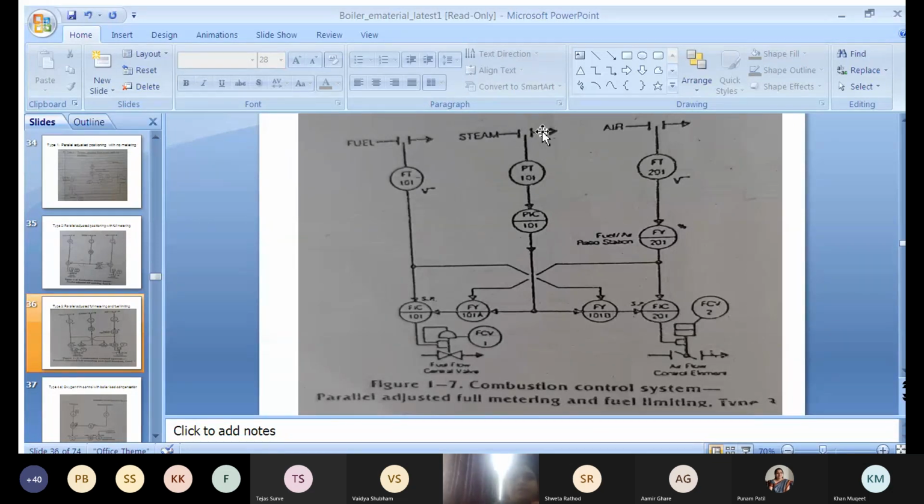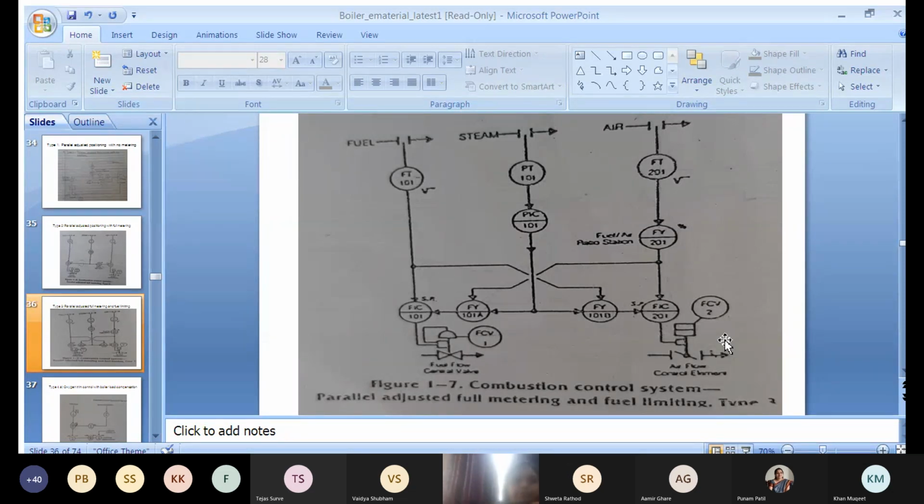Along with that, the steam demand, that is the steam pressure, is measured, and the steam pressure controller will generate the signal. This signal will act as a set value for both the controllers, and both controllers will generate the actuating signal. This control valve will act accordingly.